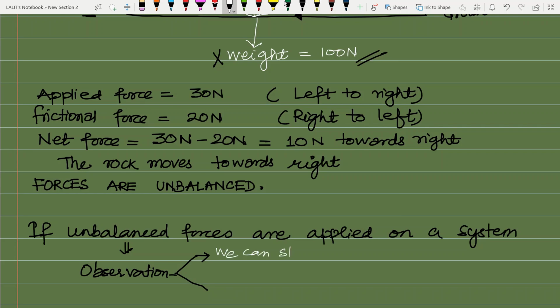We can stop a moving body. And the second observation would be we can bring a body at rest to motion.